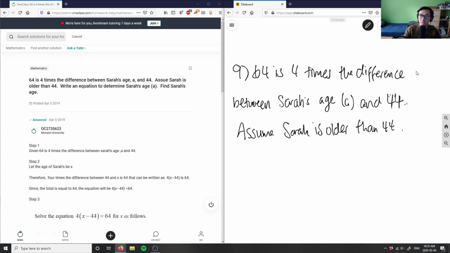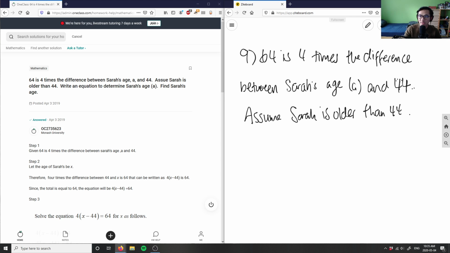Okay, so in order for us to find Sarah's age, we are going to have to create an algebraic expression for Sarah's age. So we can say, let x equal Sarah's age, because that's our unknown. And it says 64 is 4 times the difference between Sarah's age, which is now x, and 44.